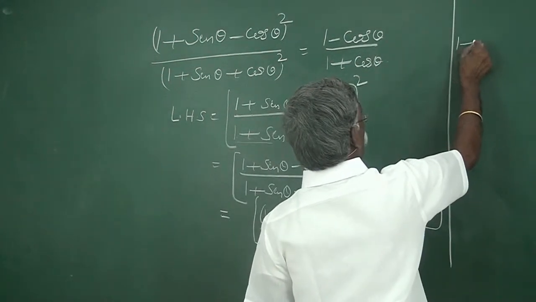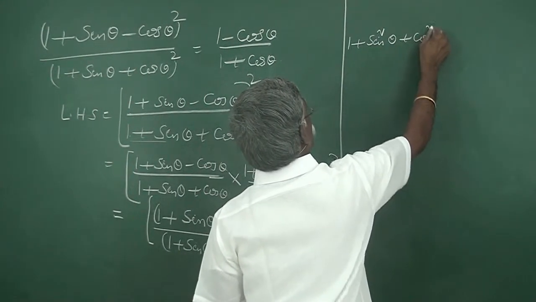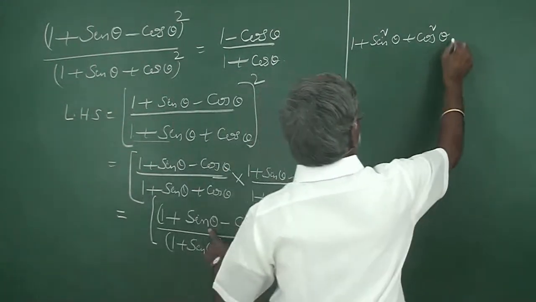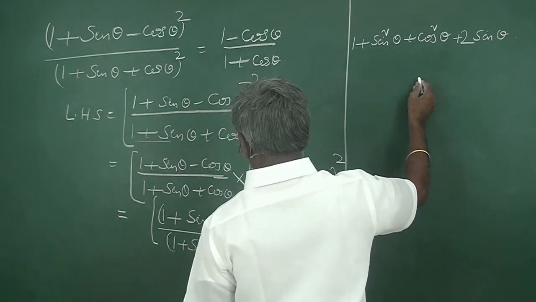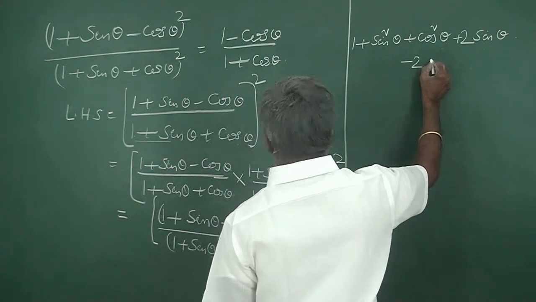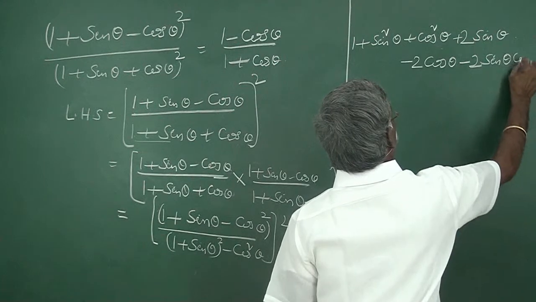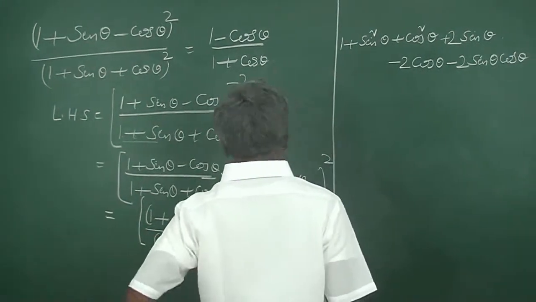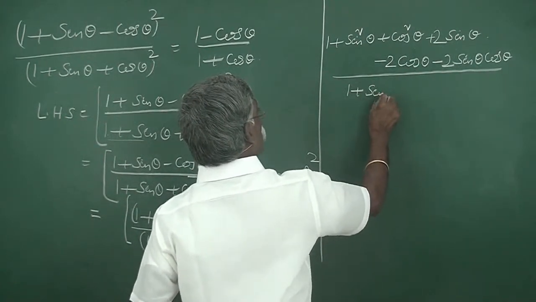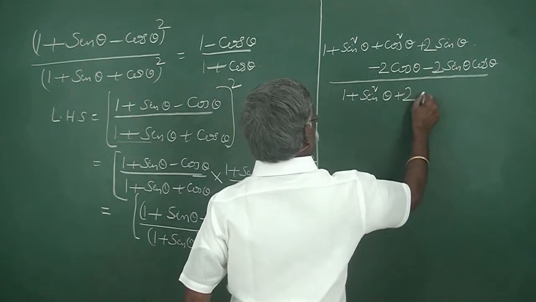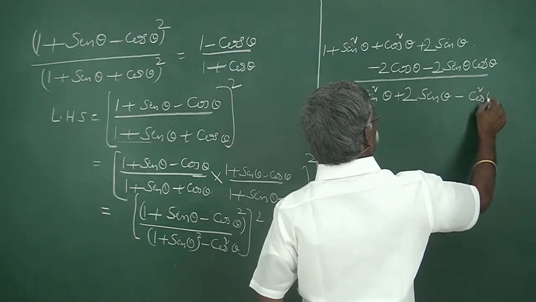This is 1 plus sin square theta plus cos square theta plus 2 sin theta minus 2 cos theta minus 2 sin theta cos theta, by the denominator, 1 plus sin square theta plus 2 sin theta minus cos square theta.